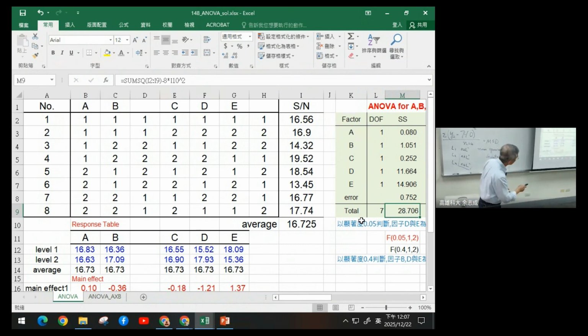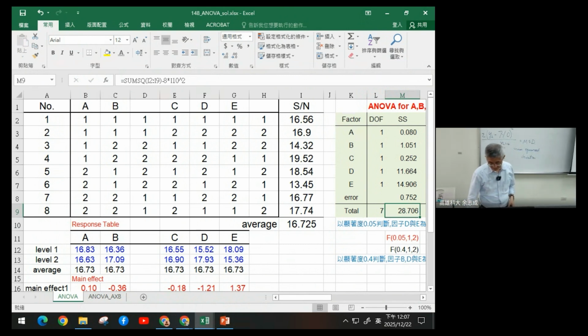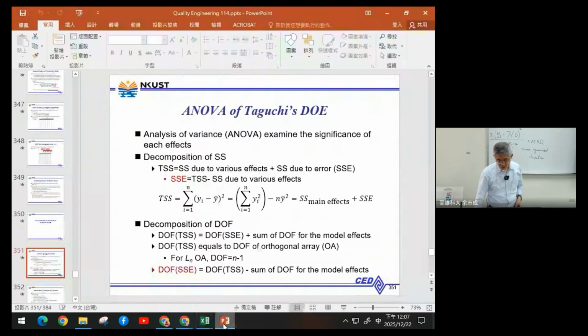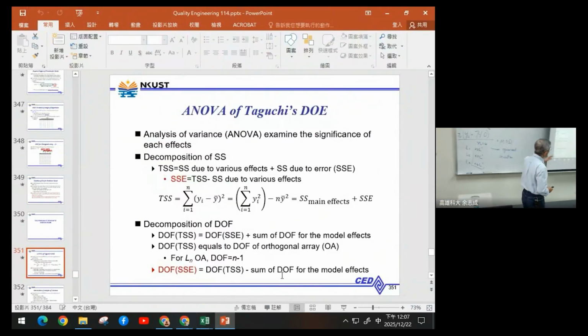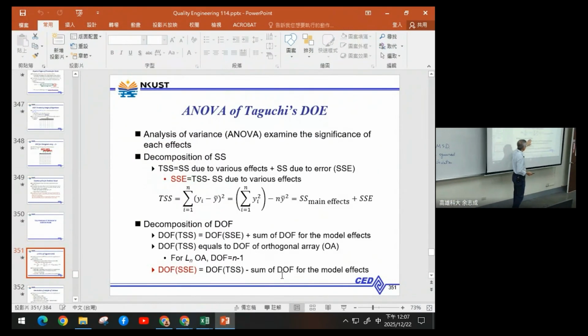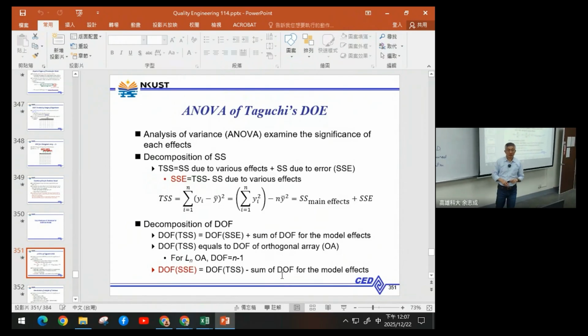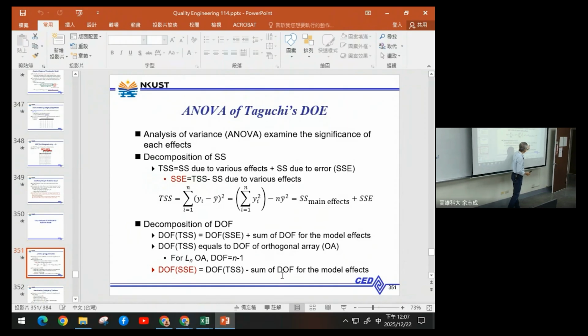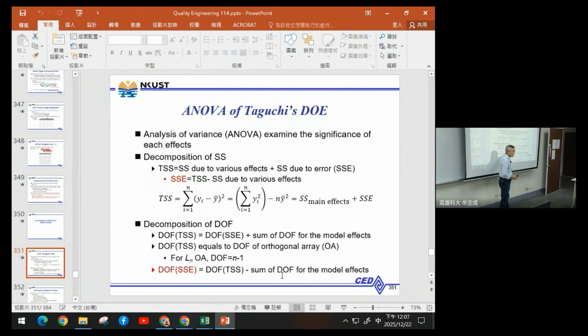Then how about the degree of freedom? The same. Another property in ANOVA is the decomposition of degree of freedom. In our experiment, the total degree of freedom will be the number of experiments minus 1. And you use some of the degrees of freedom to estimate the main effect. So the rest of the degrees of freedom can be used to estimate the sum of square due to error.